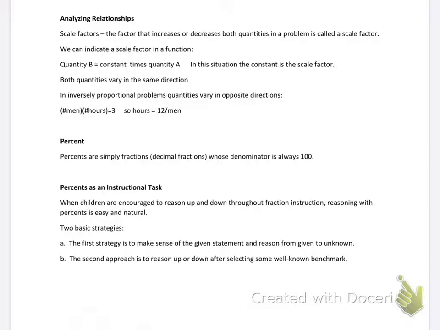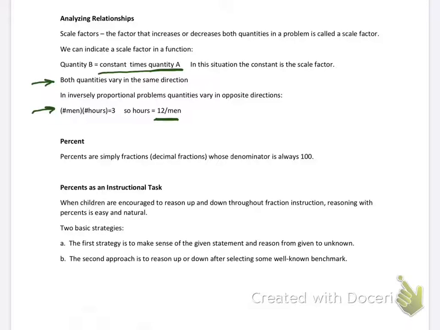Okay, again, key: both quantities are changing in the same direction. In inversely proportional problems, where they change in opposite directions, you would have something like this, and notice that you are going to have a fraction like this, so that as one goes up, the other goes down. So your constant ends up being a numerator and your other variable ends up being a denominator, whereas when they're changing in the same direction, your constant was a coefficient to the other quantity.